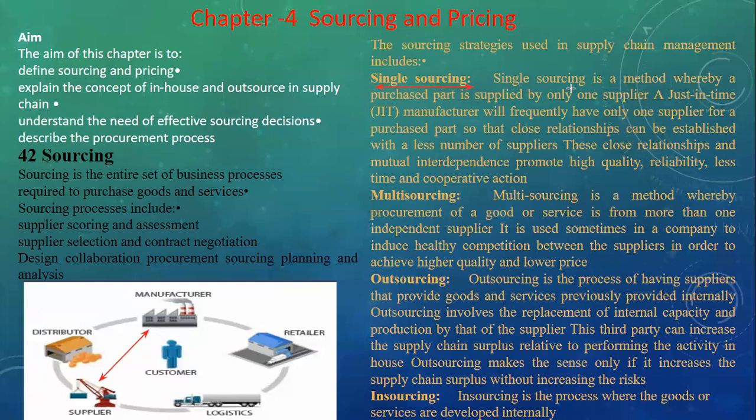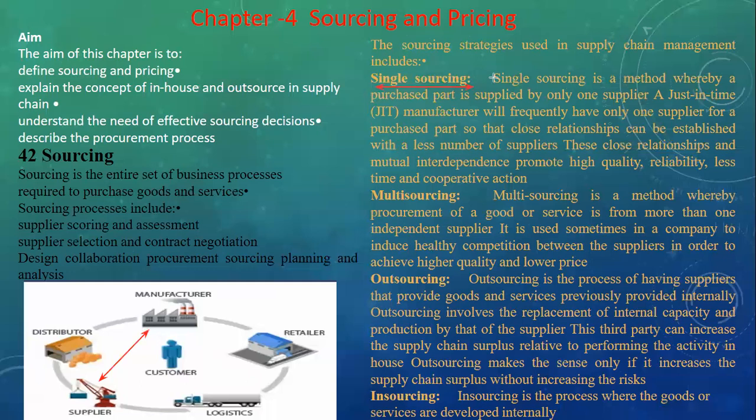Single sourcing is the method where a purchased part is supplied by only one supplier. Just in time manufacturing will frequently have only one supplier for a purchased part, so that a close relationship can be established with a smaller number of suppliers. This close relationship brings mutual dependence, high quality, reliability, less time and corporate actions.